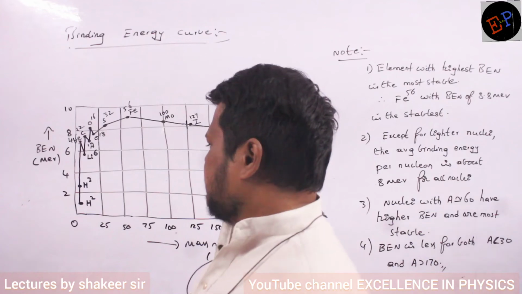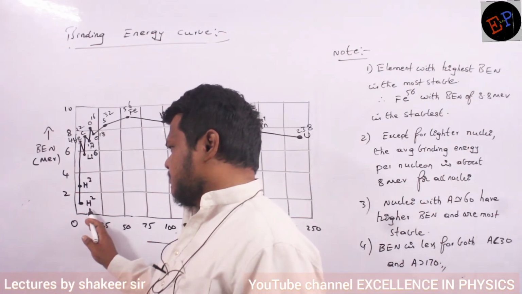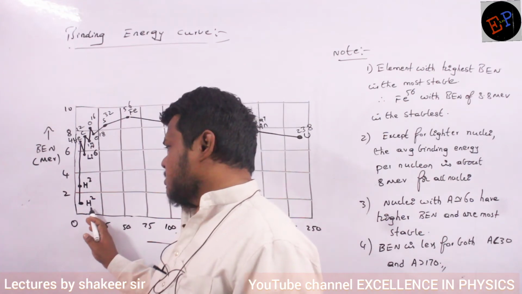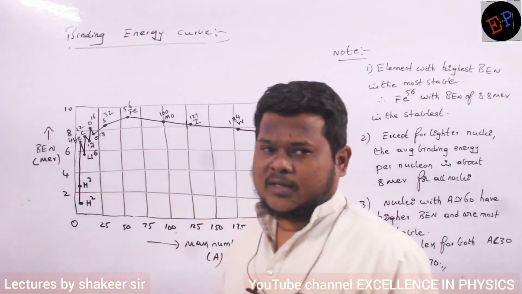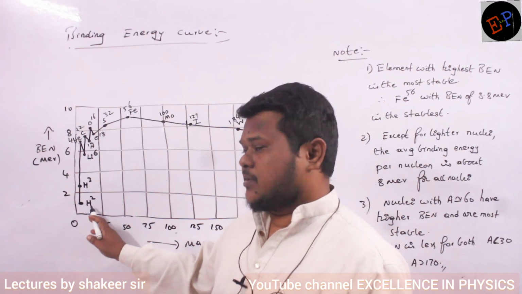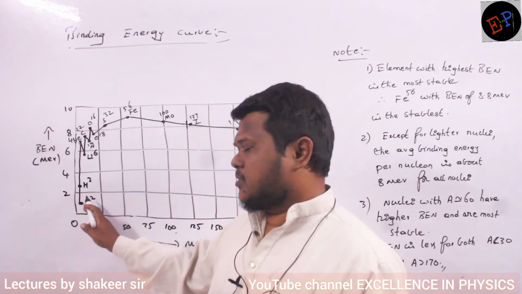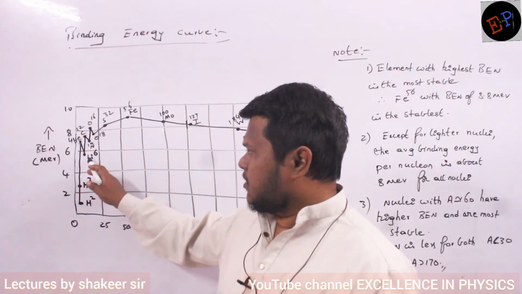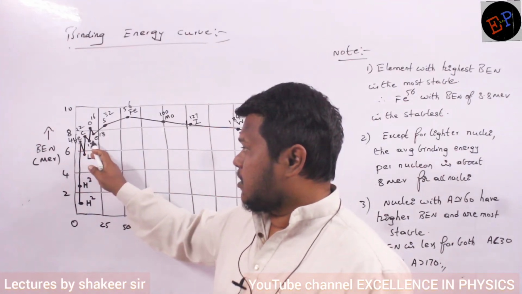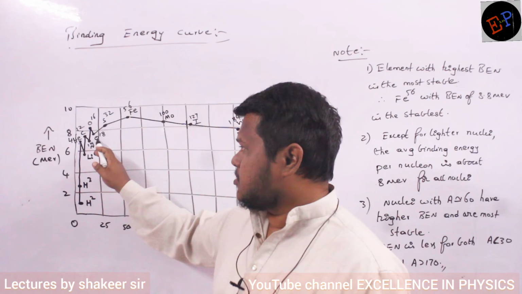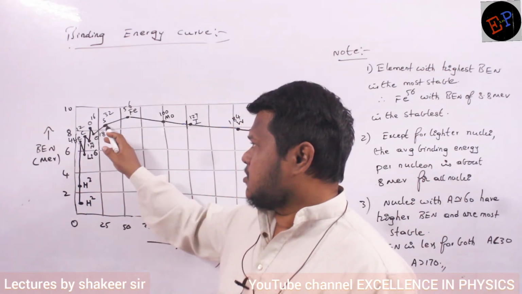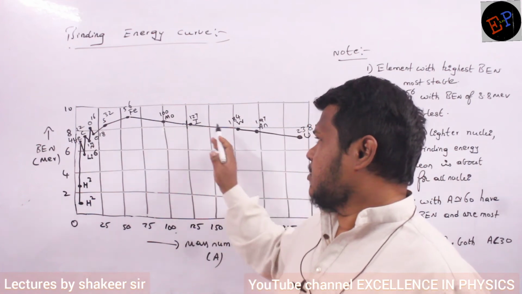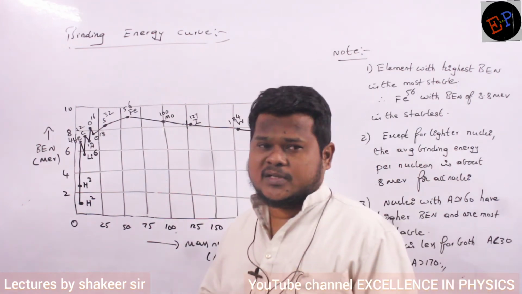Clear? Now see, hydrogen, mass number 2, has the lowest BEN. Then followed by tritium. This is deuteron, this is tritium. Then here I have lithium, helium, then nitrogen, carbon, oxygen 18, oxygen 16, sulfur 32, iron 56, molybdenum 100, like this. Are you able to understand?